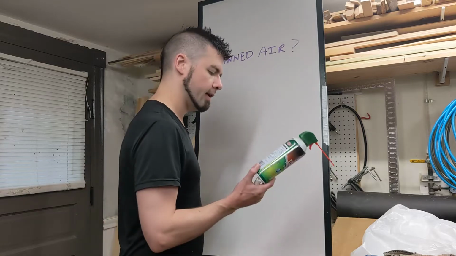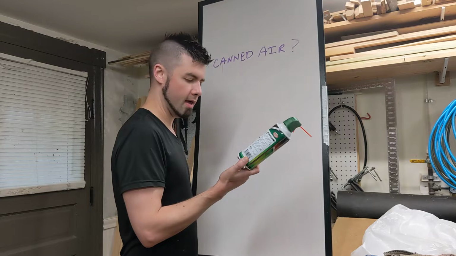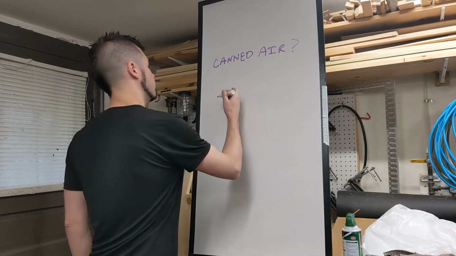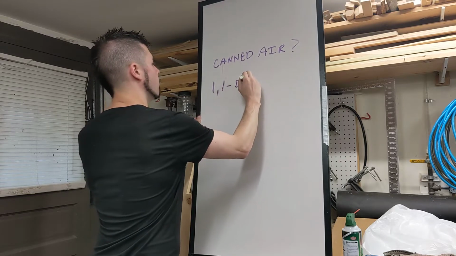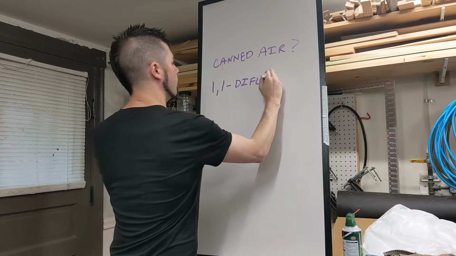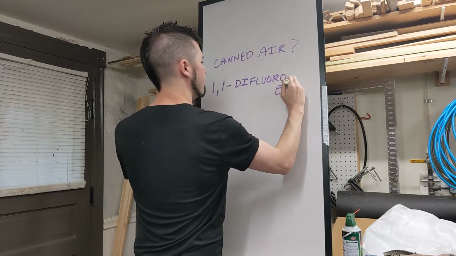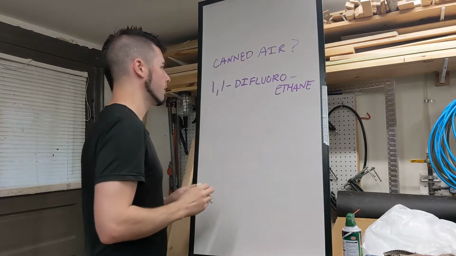So this particular can contains 1,1-difluoroethane. What is that? 1,1-difluoroethane. Easy for me to say, right?